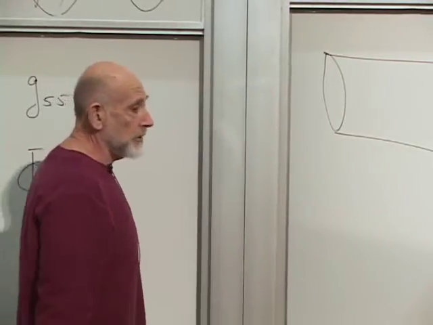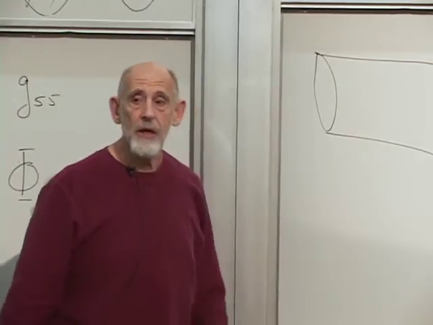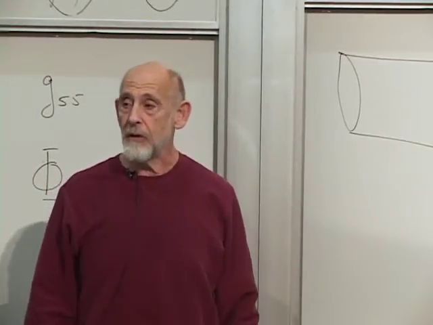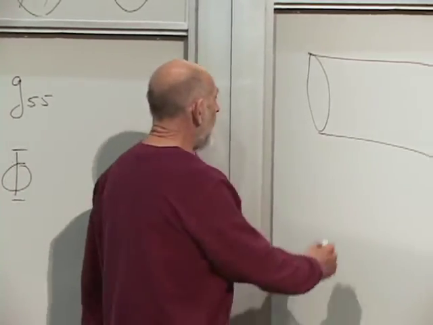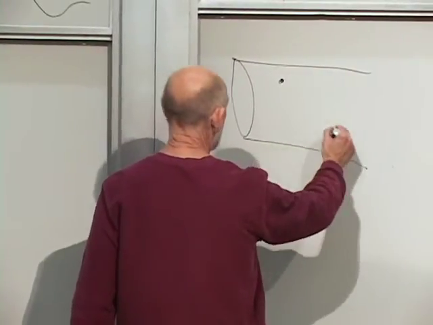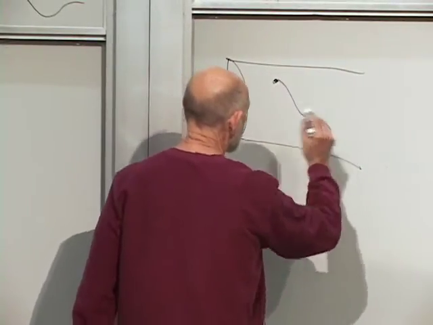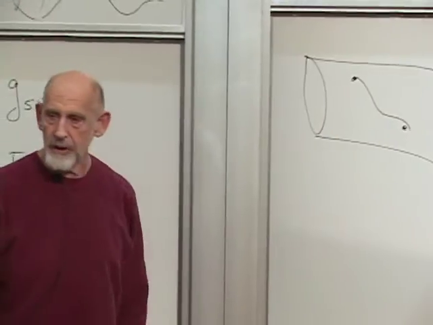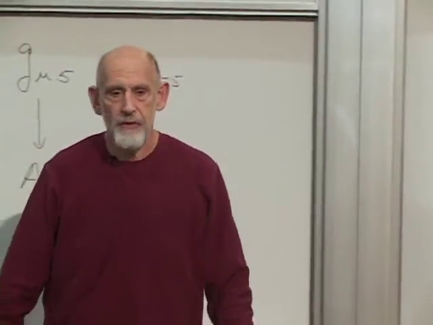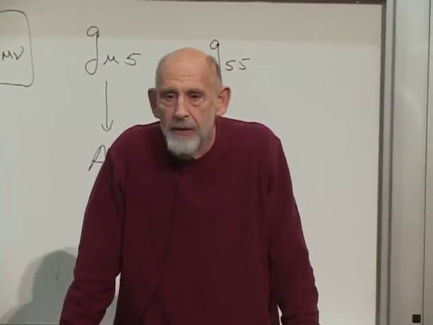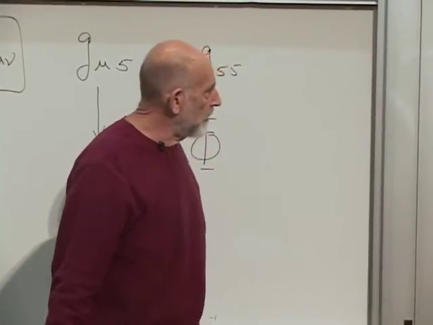All right, but let's imagine now that in addition to closed strings, there are open strings. Open strings now have endpoints. We can't classify them with winding number. It doesn't make sense to classify them with winding number. They're not wound.